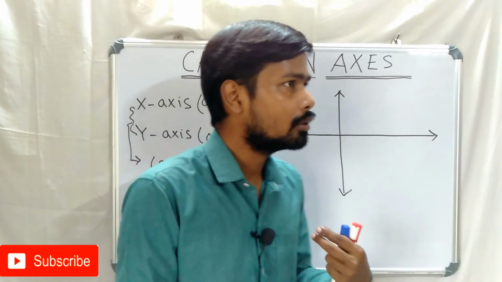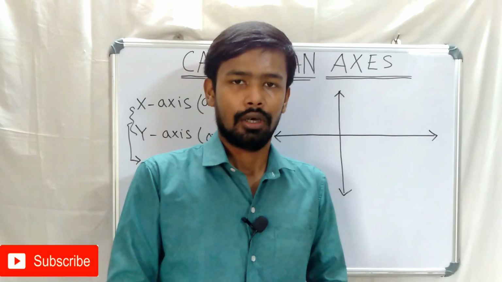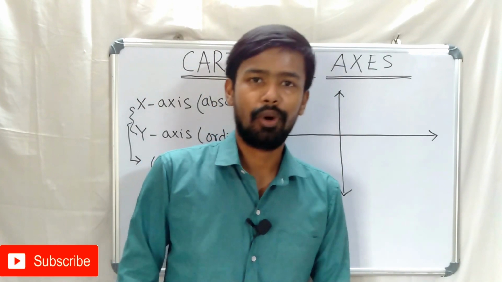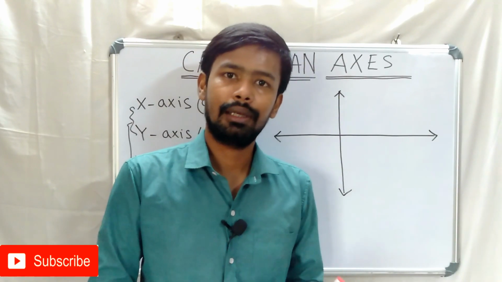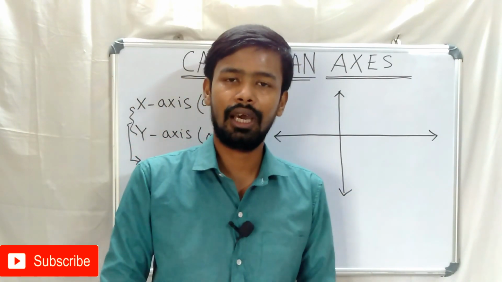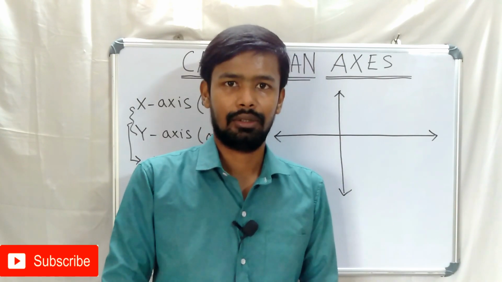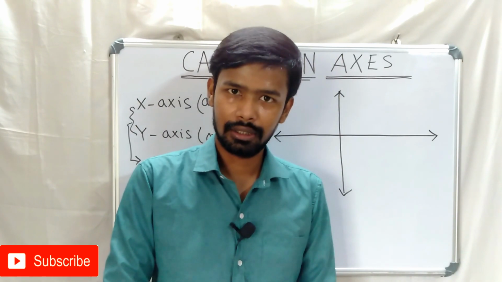Now the basic thing is, with respect to what can we plot them? To plot those points, we must have some plane. Here the board is the plane itself, and we must have two axes, which are known as Cartesian axes.